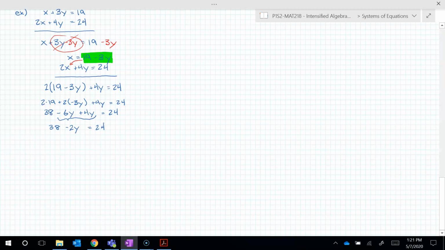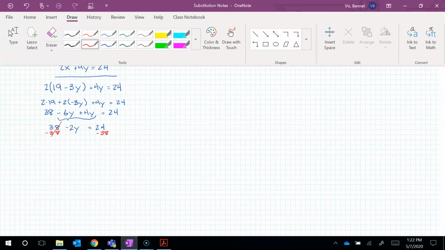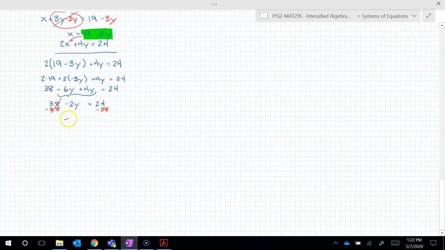I got to get rid of that 38, so let's subtract 38 from both sides of this equation here, using that subtraction property of equality, so that goes away. I have negative 2y equals 24 minus 38. You can grab a calculator for that if you want, but it's negative 14.